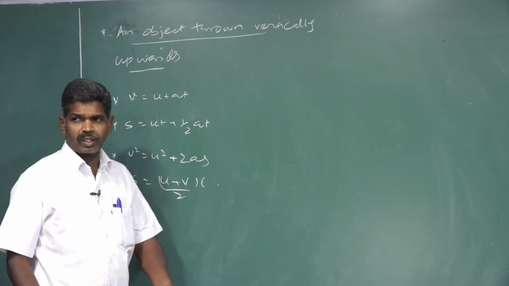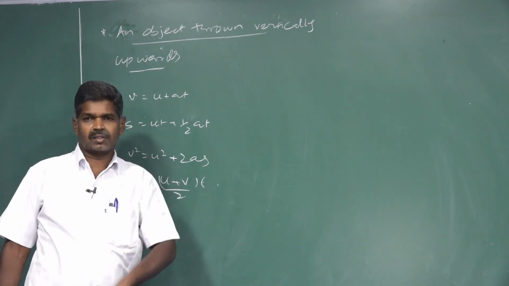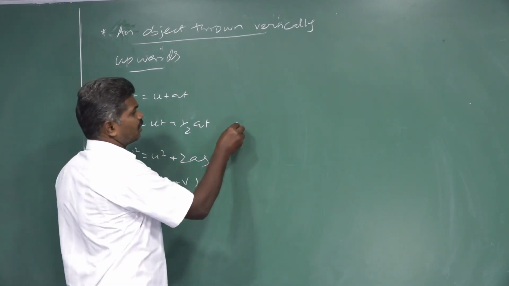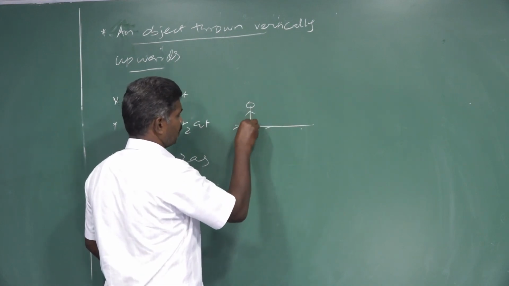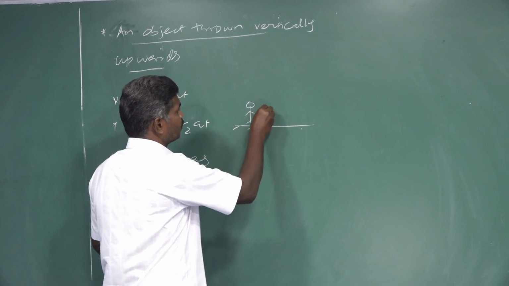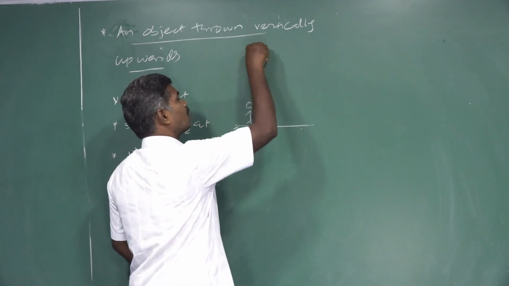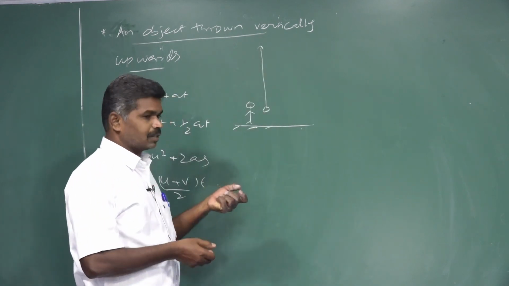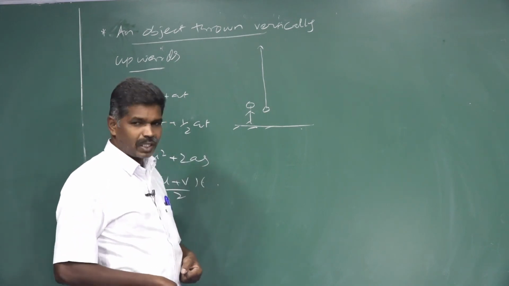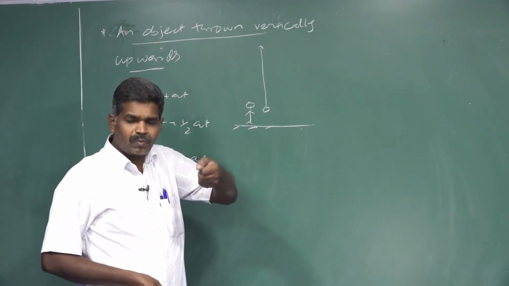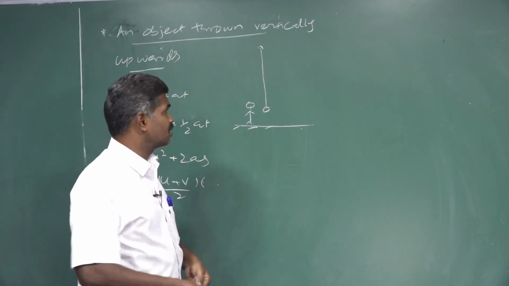Here we are going to throw an object in the upward direction. So for that we will take a diagram. This is the ground surface. We are standing on the ground and throwing the object. It moves in an upward direction. But what happens is the particle moves opposite to the direction of gravity. That's why, if it moves upward, its velocity decreases.